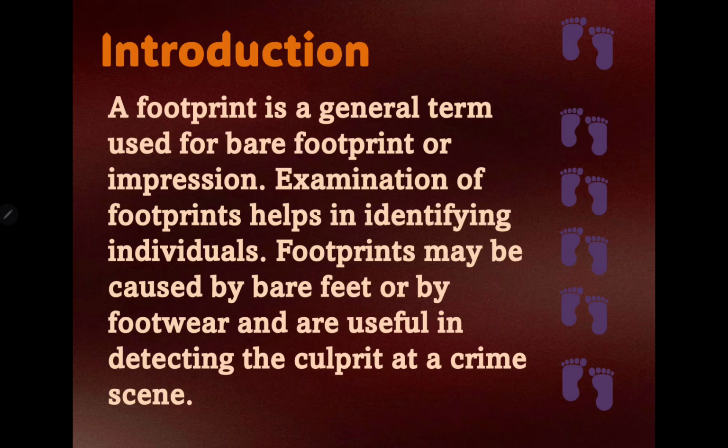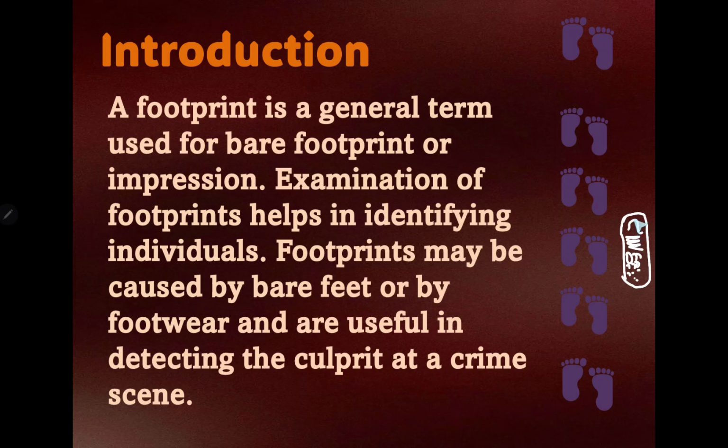If you have ever observed the down part of your footwear, let us take the example of a shoe, you will find there are some design patterns. You can see that this is the down part of the shoe, and there will be some kind of designs which are different for each brand of shoe. They help us have a good grip when we are walking.